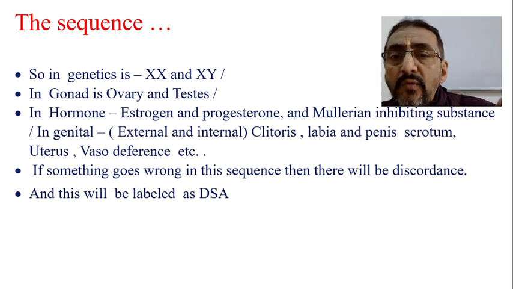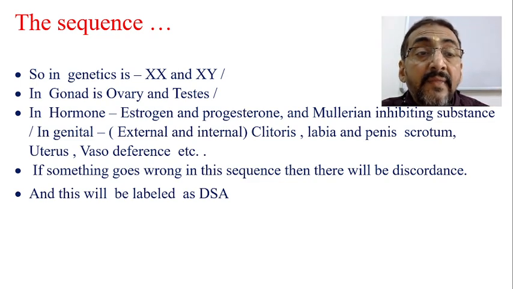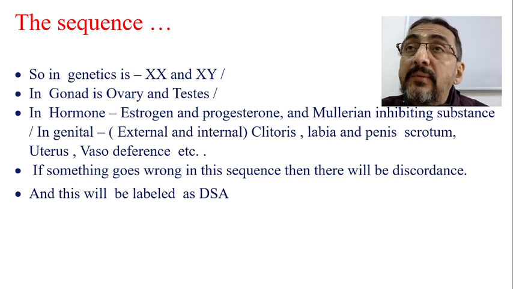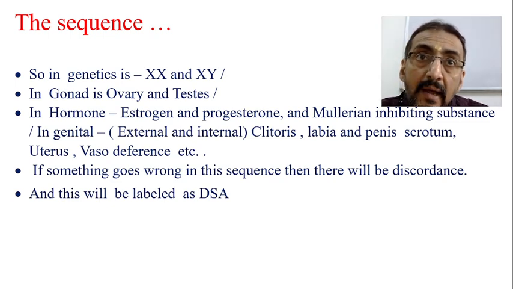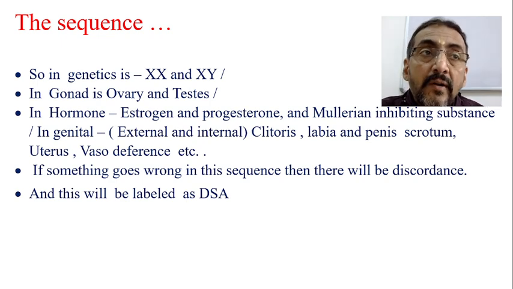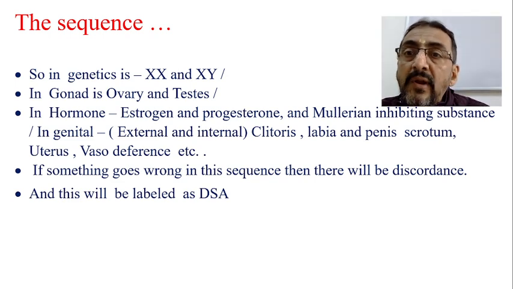Now if something goes wrong in these three steps of the sequence, there will be discordance, and this will be labeled as DSD, differences in sexual differentiation. Whenever we approach differences in sexual differentiation, we should follow this particular sequence, going one by one.